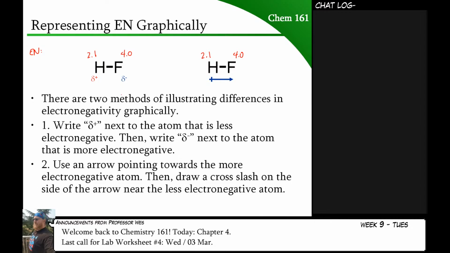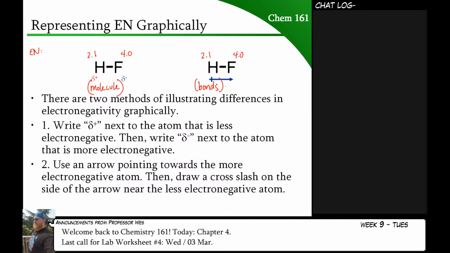Now, specifically, we use these delta plus and delta minuses for an entire molecule. So like the overall molecule, like I showed with the blob, you'd put the delta plus and the delta minus on whatever side of the blob has those properties. The arrows are usually used for bonds, but you can use either one for either application.